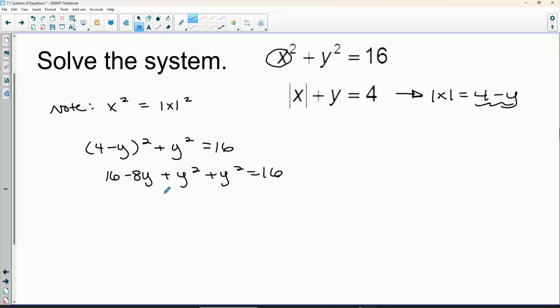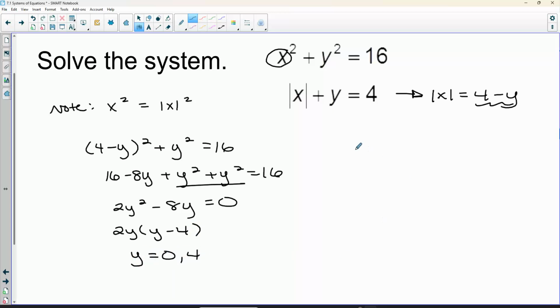Combine like terms, y squared plus y squared is 2y squared. Minus 8y. If I subtract my 16 over, what happens? Cancels out. So take out a 2y, y minus 4, so y is 0 or 4.